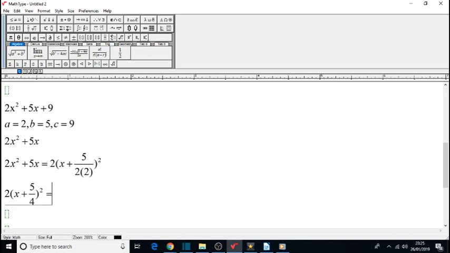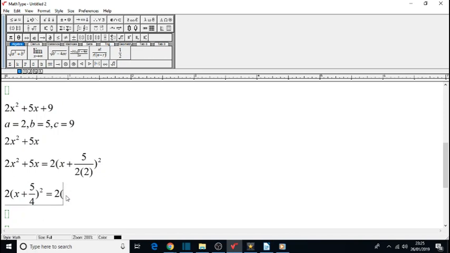Moving on. So now we expand these brackets. Just work out x plus 5 over 4 squared, and then you multiply by 2 afterwards. Let's keep that 2 outside the brackets, pretend it is invisible, and just expand accordingly.